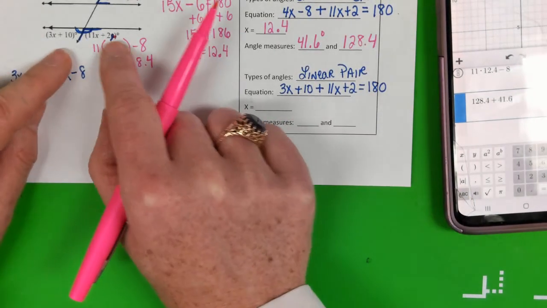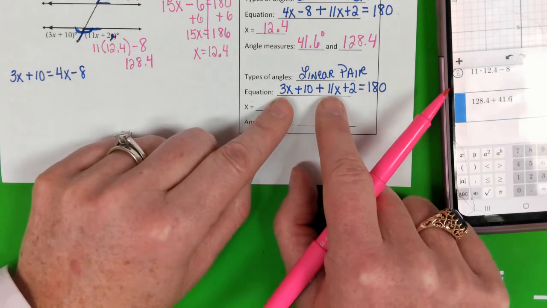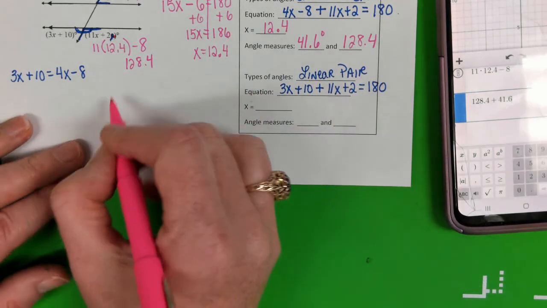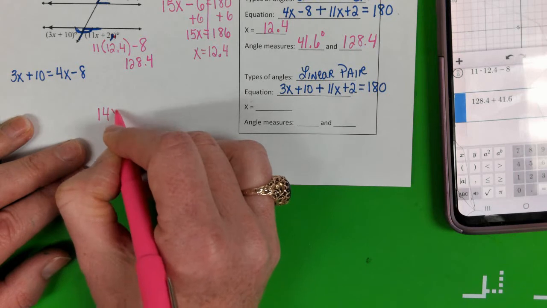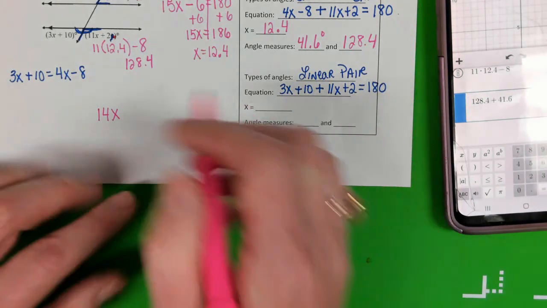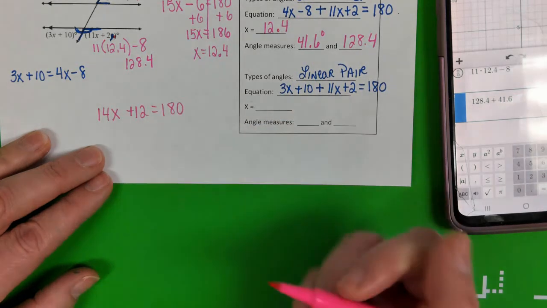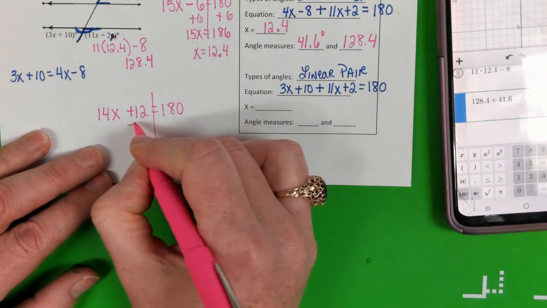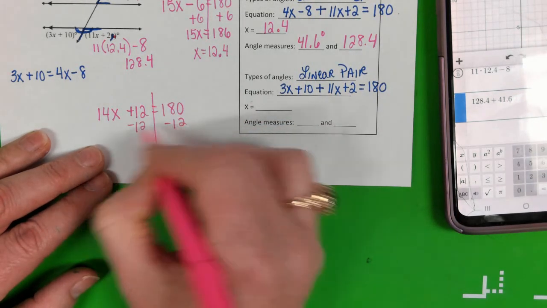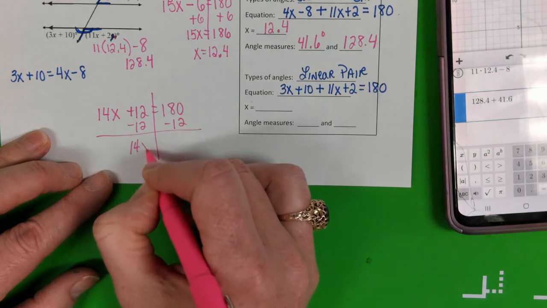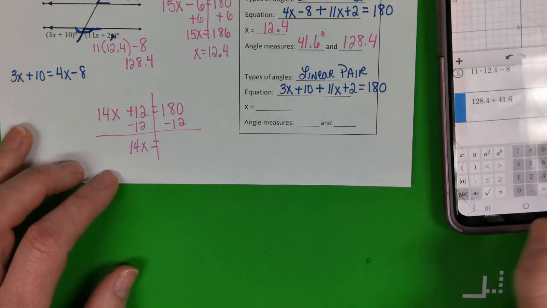And again, because I changed this, it's going to be messed up. So 3x plus 11x is 14x. 10 plus 2 is 12 equals 180. So remember, just solving equations. Minus 12, 14x equals, oh, I better double check myself.